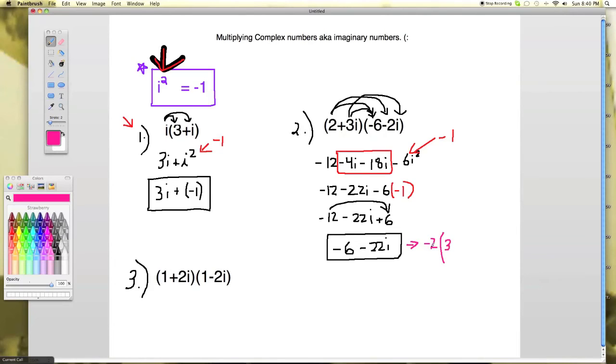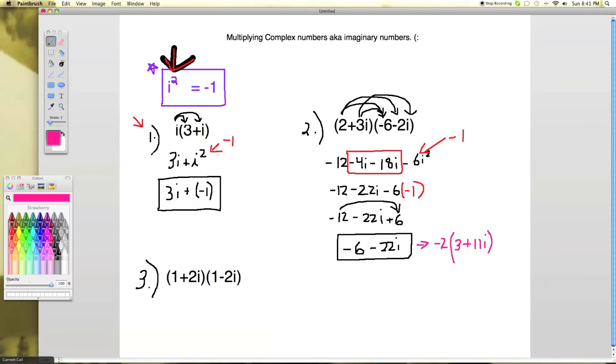It's going to be 3 plus 11i. Don't forget the i. If you do this, -2 times 3 is -6, and -2 times 11i equals -22i. It's just simplifying your answer. Some teachers want it, some teachers don't.